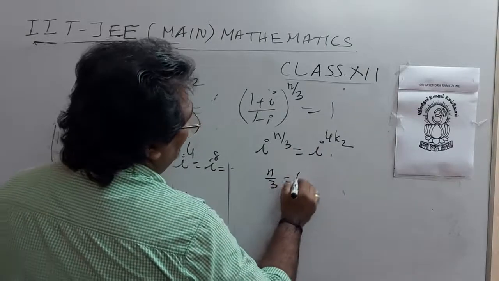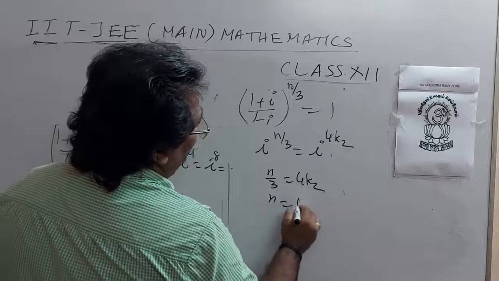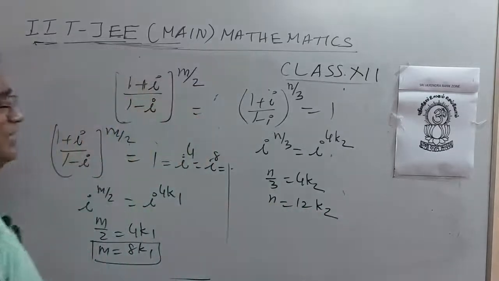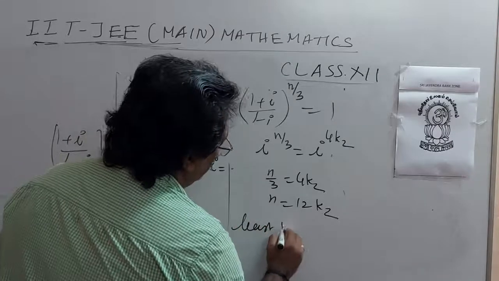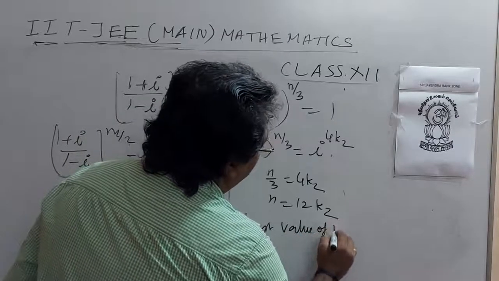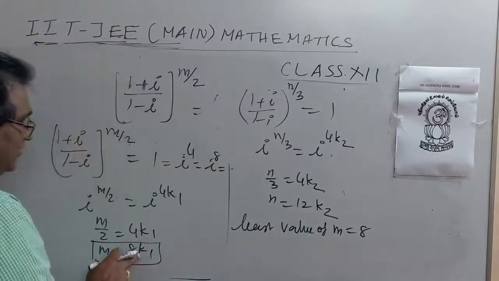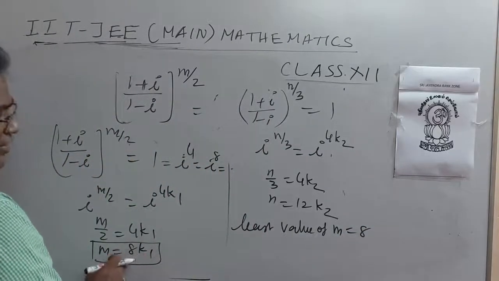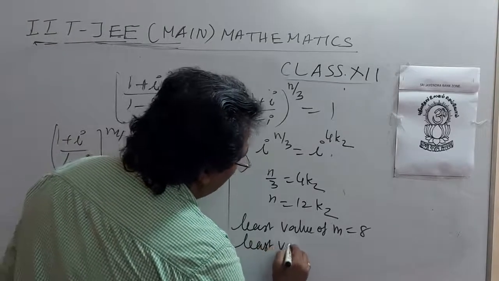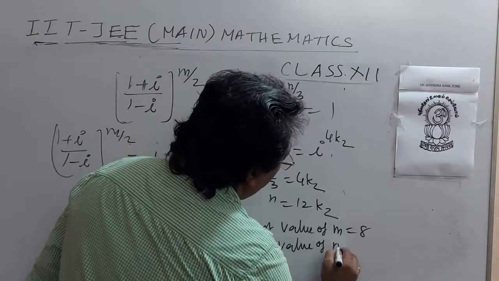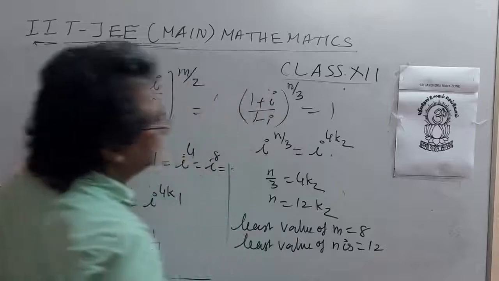So n by 3 equal to 4k2, n equal to 12k2. Least value of m, k equal to 1, that is 8, k equal to 2, that is 16. So least value means 8. Least value of n is 12.